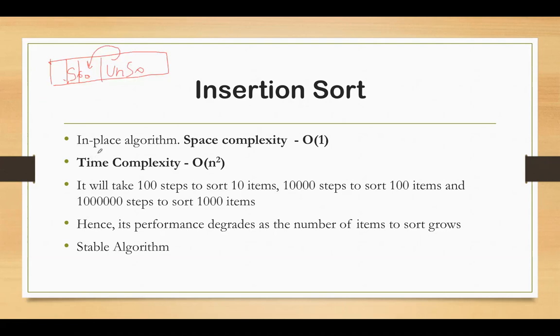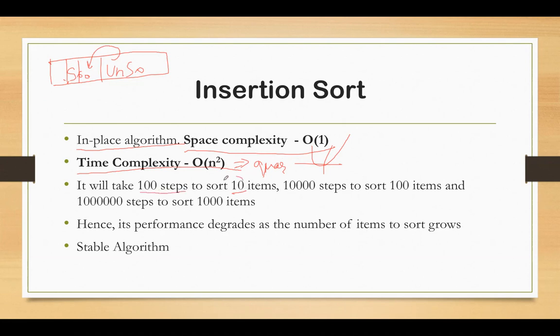Let's see some properties that insertion sort has. It's an in-place algorithm, which means its space complexity is O(1). Its time complexity is O(n squared), which makes it a quadratic algorithm. This means that if we increase the number of elements to sort, the number of steps needed to sort them will increase significantly.